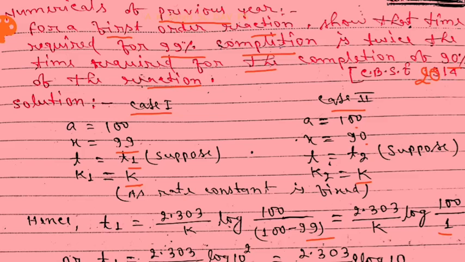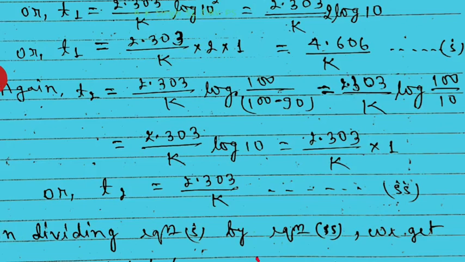Then t1 is equal to 2.303 by k log 10 to the power 2. Why? Log 100 will be taken as log 10 to the power 2, 10 into 10. It is equal to 2.303 by k into 2 log 10. Why 2 log 10?